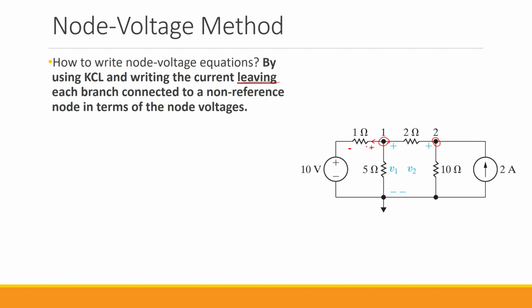That means the current that goes in this direction through this 1 ohm resistor is basically the voltage across this 1 ohm divided by its value. So what is the voltage across this? Since the positive side would be here and the negative side would be here based on the passive sign convention, the voltage would be the voltage at node 1, or V1, minus the 10 volt, divided by 1 ohm.